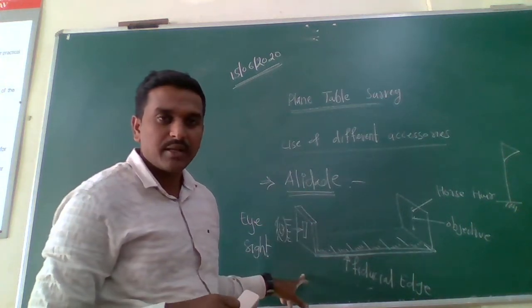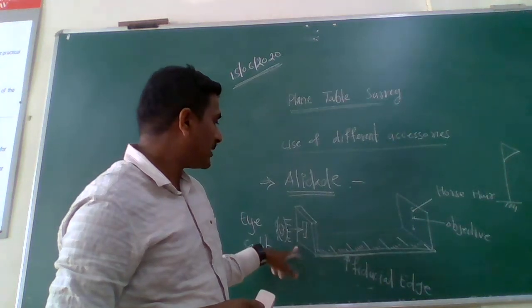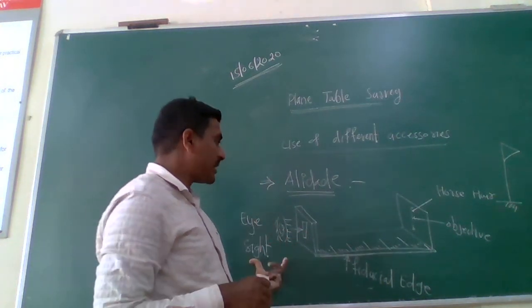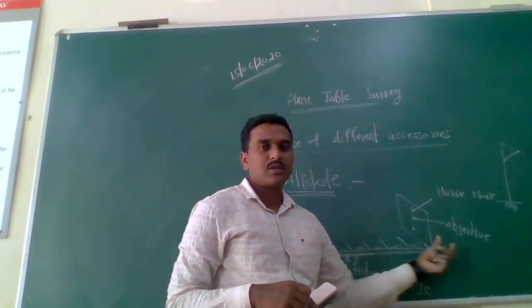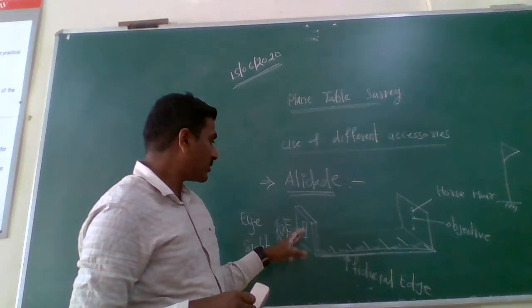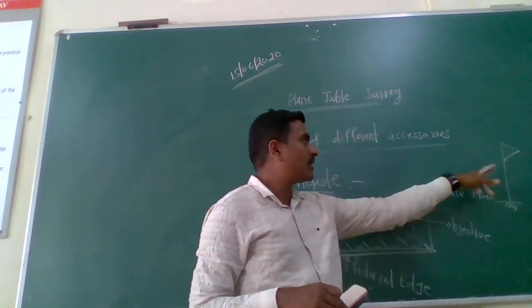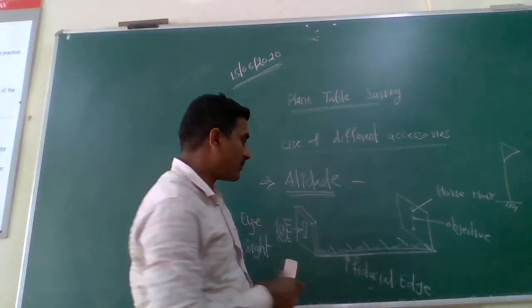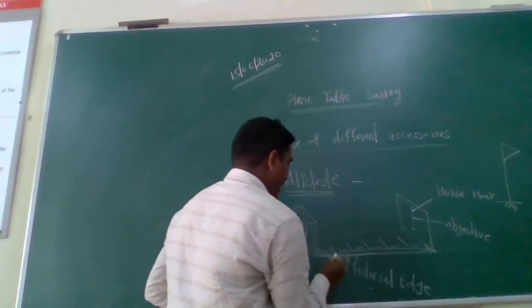So this instrument is known as alidade. Okay, so alidade has two parts. One is the eye side and another one is the objective. So by looking through this slit, observer has to bisect this horse hair with ranging rod, and after perfect bisection, observer has to draw a line on the paper.